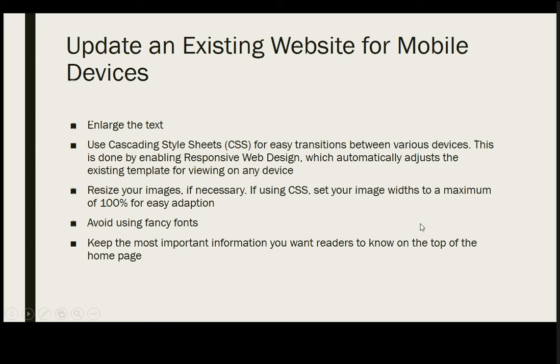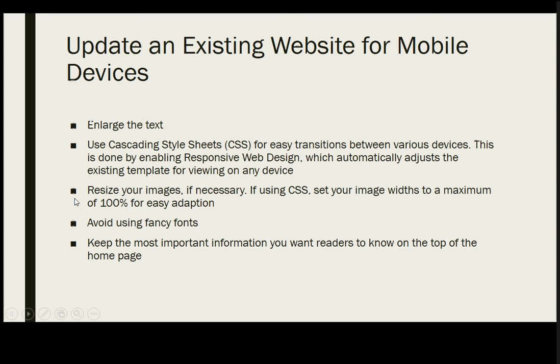You can also use CSS, the cascading style sheets, for easy transitions between the various devices. This is most often done with responsive web design, which is put in the code. That way your pages automatically adjust to existing templates for whatever device you're viewing the website on.